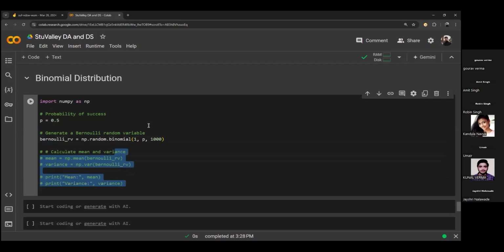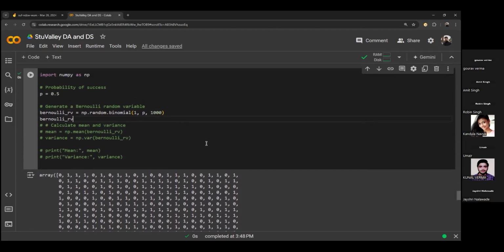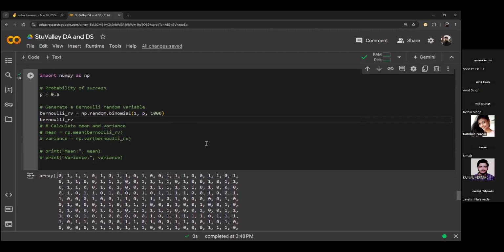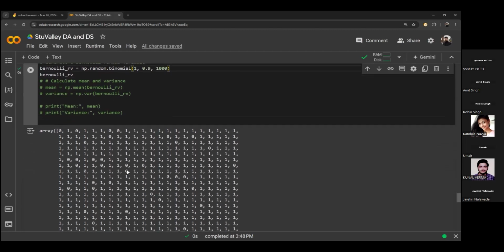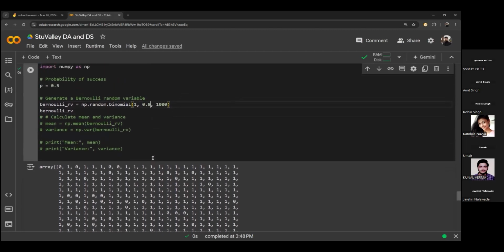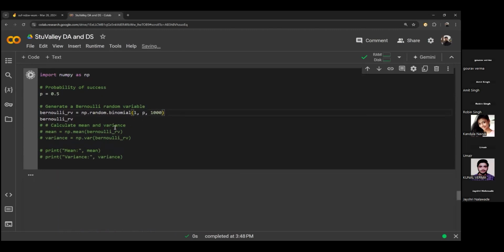It will produce 1,000 data points, where the probability of one is 0.5, right? We can try different values also. Suppose if I write 0.9, you will see a lot of ones here, right? So you can see it is producing dummy data for us. Let us put only p.